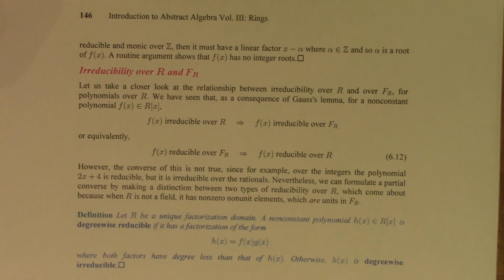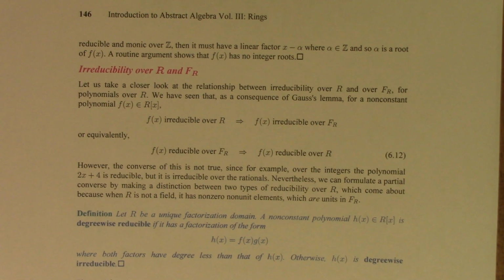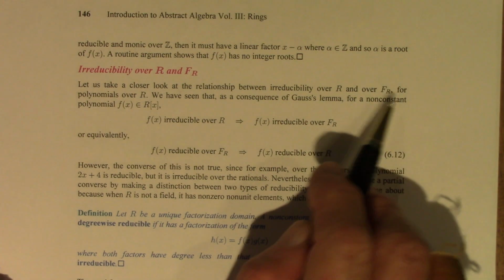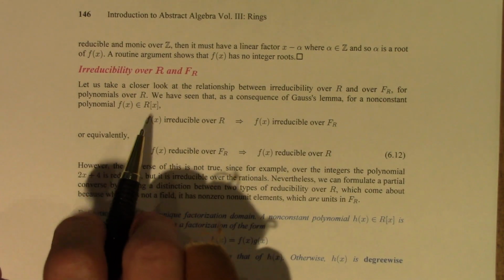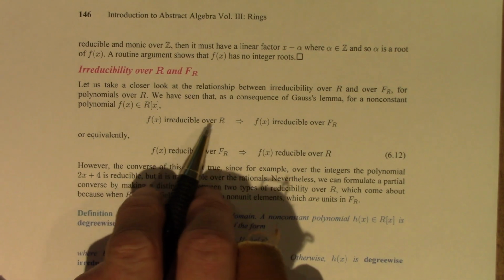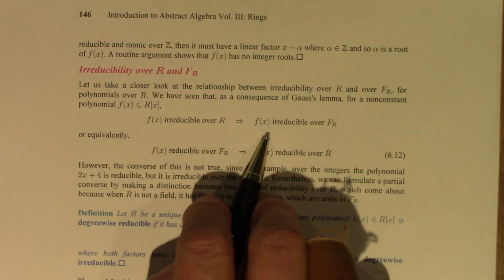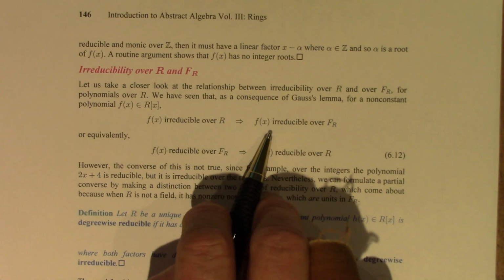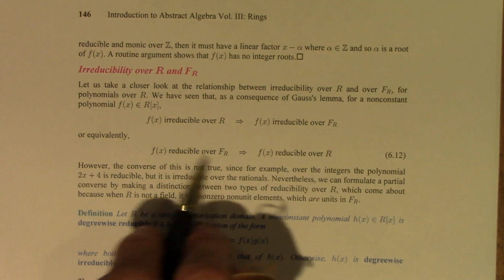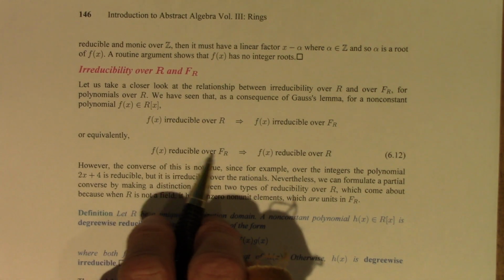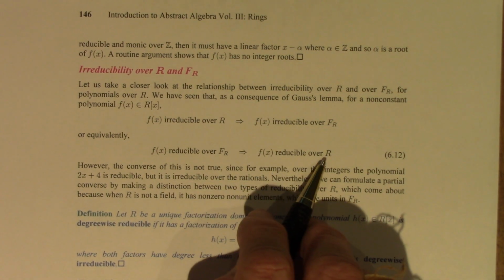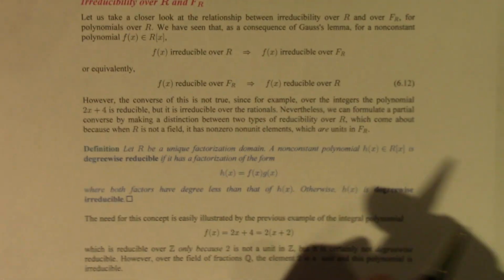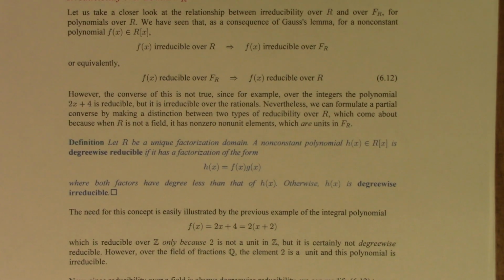Let's take a somewhat closer look at the relationship between irreducibility over R and over f sub R. We've seen as a consequence of Gauss's lemma that for a non-constant polynomial, f is irreducible over R implies it's irreducible over f sub R, because if f of x is reducible over f sub R, it's also reducible over R. The converse of this is not true.